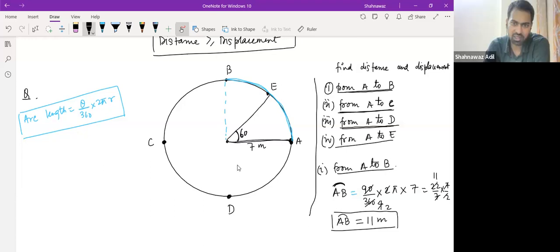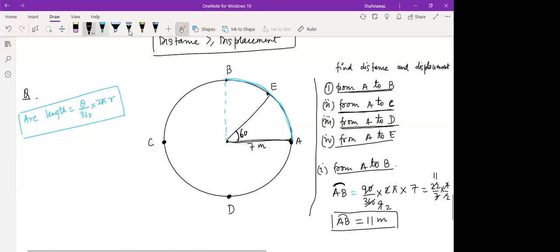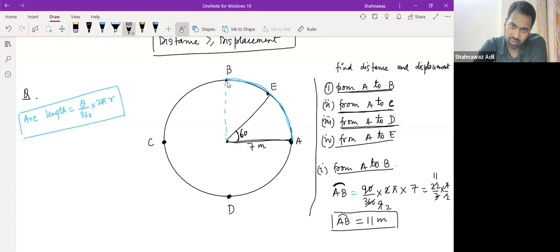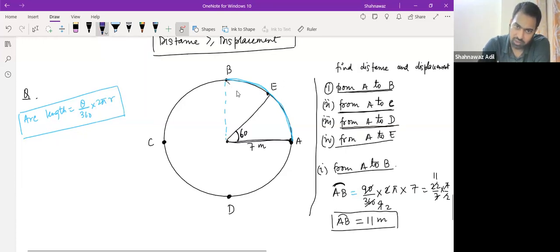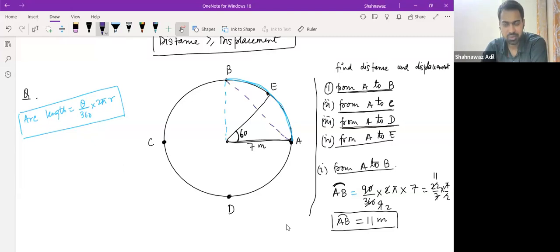To calculate the displacement, so what would be the displacement? So the line AB. Absolutely correct. So is that clear?